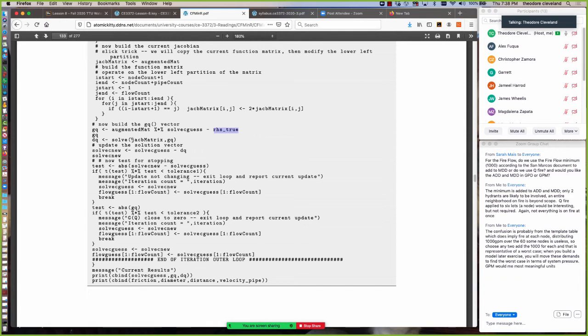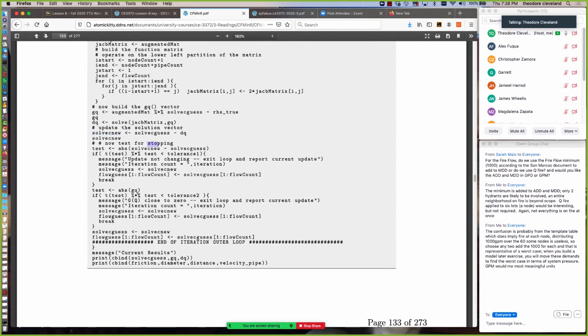And we solve the Jacobian matrix times dq equals the augmented matrix times the current guess minus the right-hand side, for the update, which is dq. And then we perform the update. We take the current guess, we subtract off dq, and that gives us our new guess.